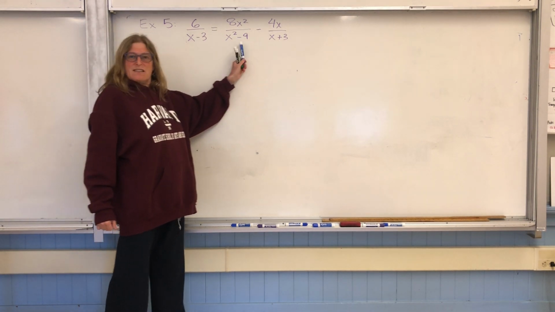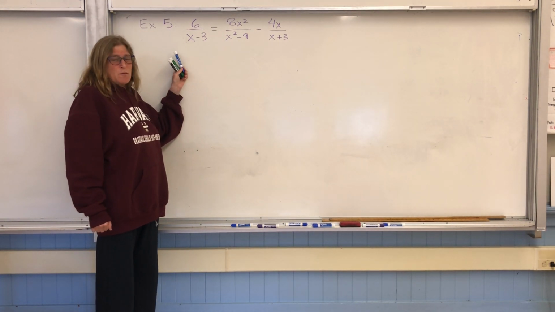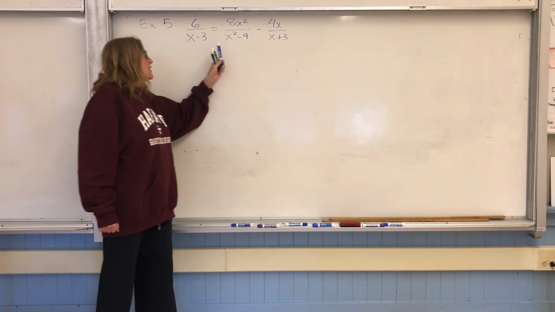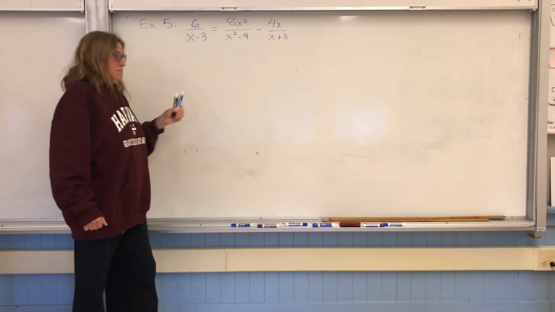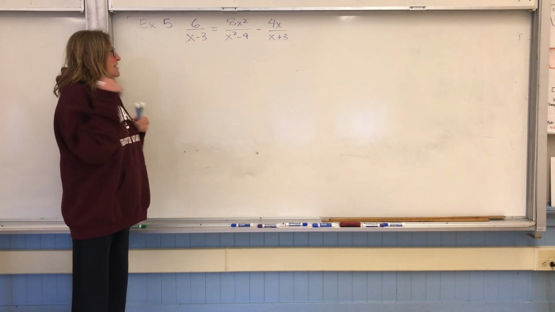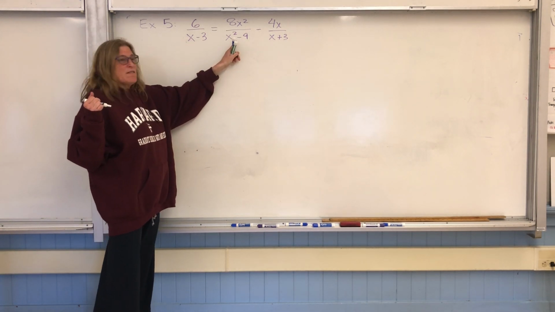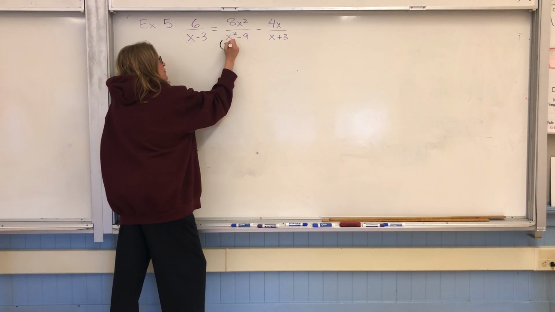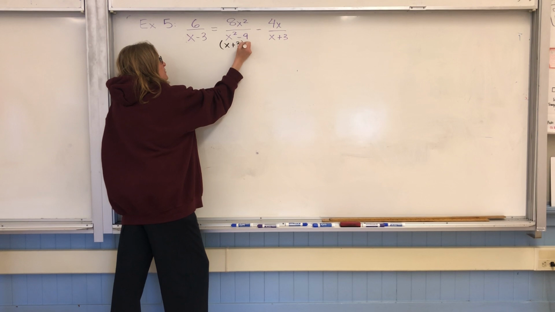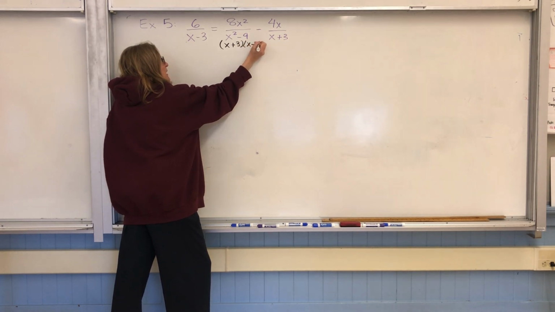They're all different. So do I really have to multiply everything times x minus 3, x squared minus 9, and x plus 3? Well, I would until I realize that this is actually factorable. So I might have some overlap here. So this factors to x plus 3, x minus 3.